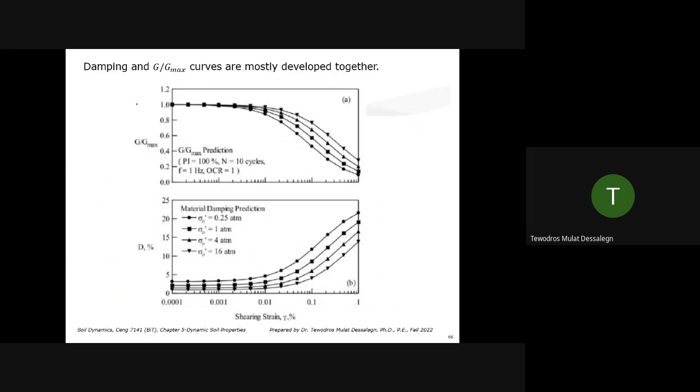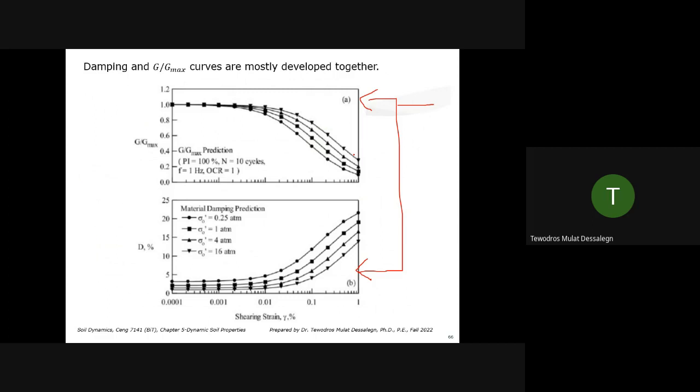Damping and Gmax curves are mostly developed together. From a lab test, you get both together like this. This is what you get as input: the Gmax curve for different conditions and different soils. It can even be the same soil but at different depths, and they will give you different curves. When depth varies, what varies?